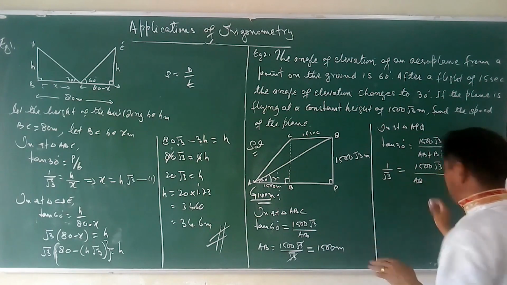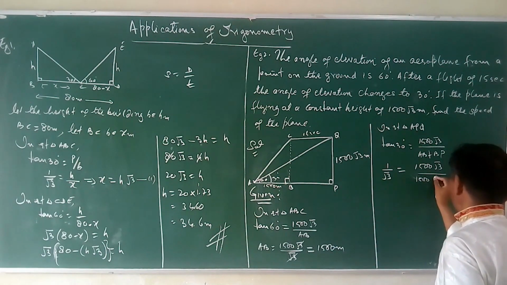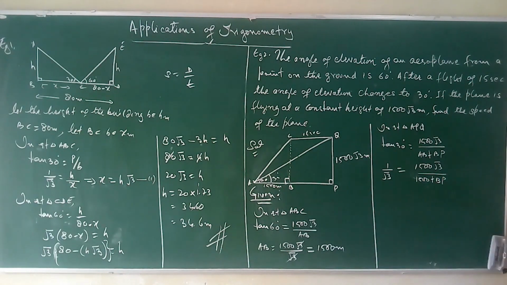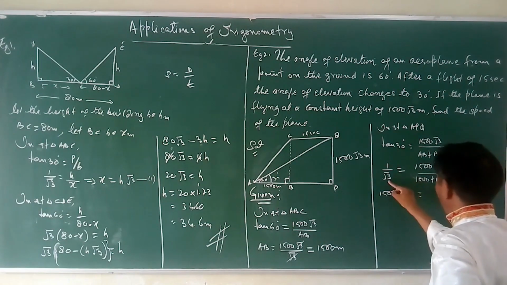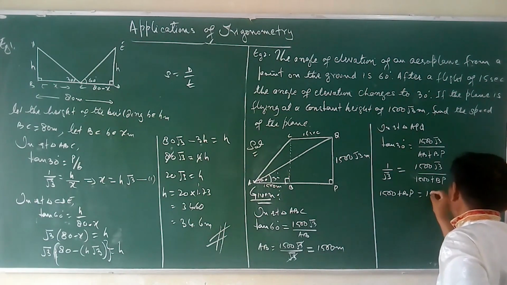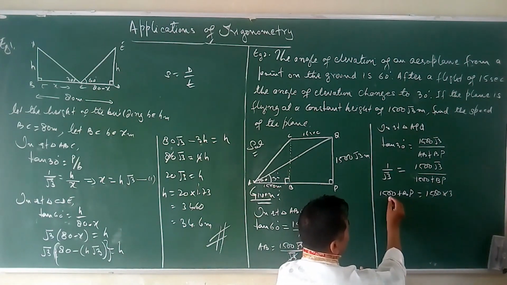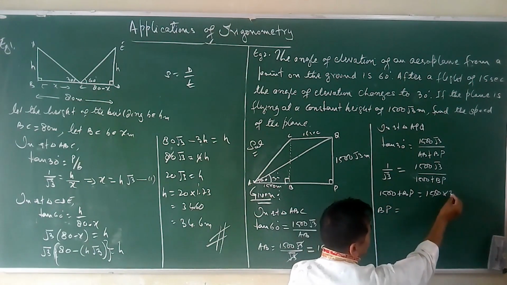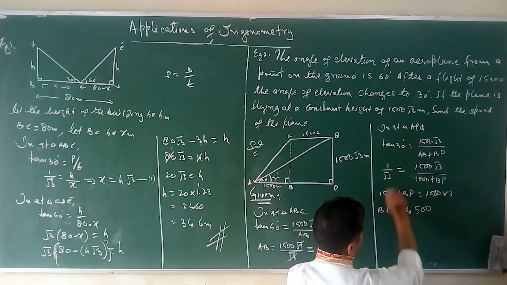So 1,500 plus BP, cross multiplied, equals root 3 into root 3, which is 3, so 1,500 plus BP equals 1,500 times 3, which is 4,500.